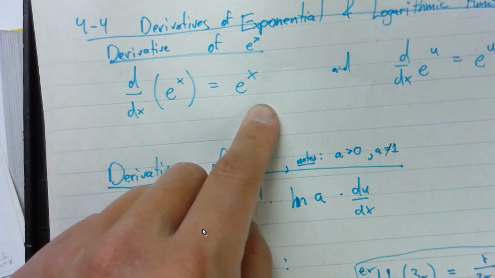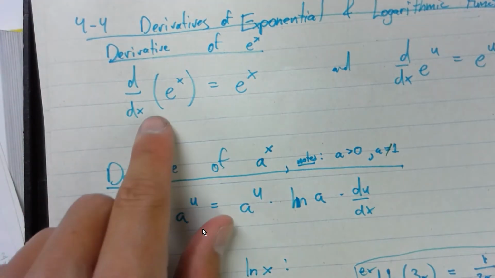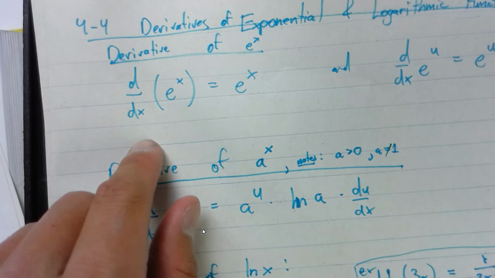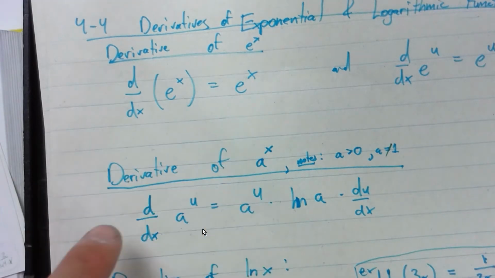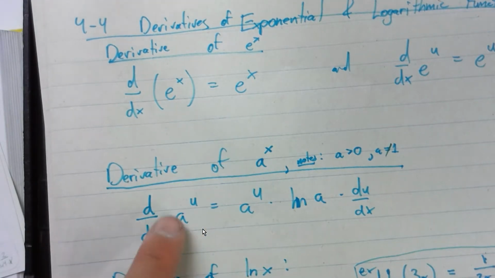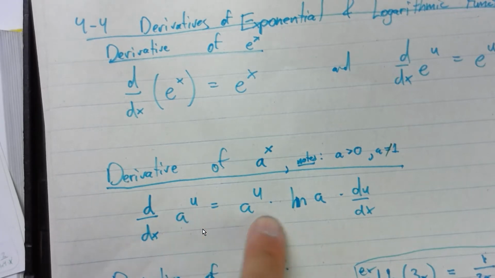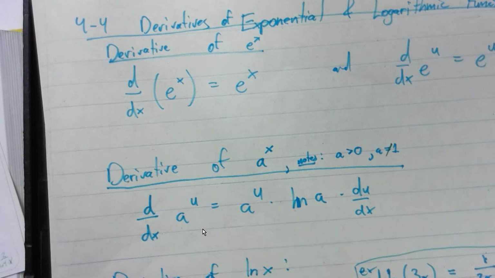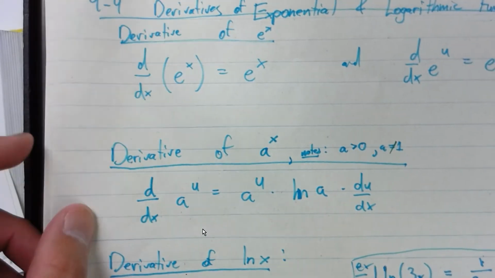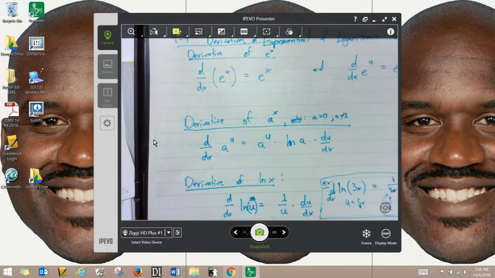Functionally, you just need to memorize that the derivative of e to the x is just e to the x, and the derivative of a to the u, some kind of constant number to some kind of differentiable exponent, is this guy right here. You're going to have to memorize these, but if you want to know why it comes out to be like this, your book actually shows you proofs for why this happens.